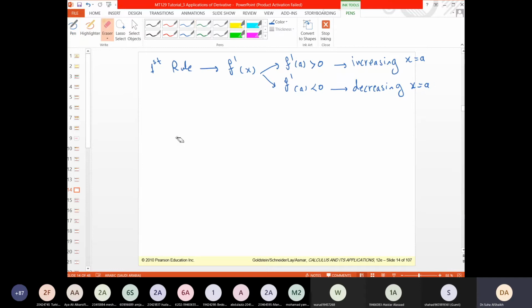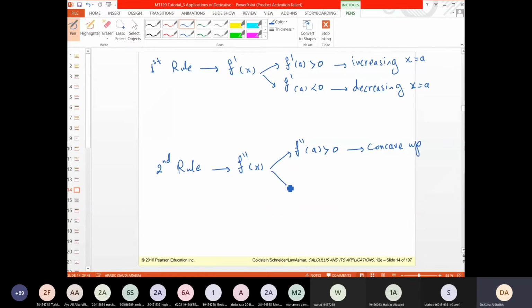Now the second rule works with f double dash. It says when f double dash at a point is positive, it means the function is concave up.